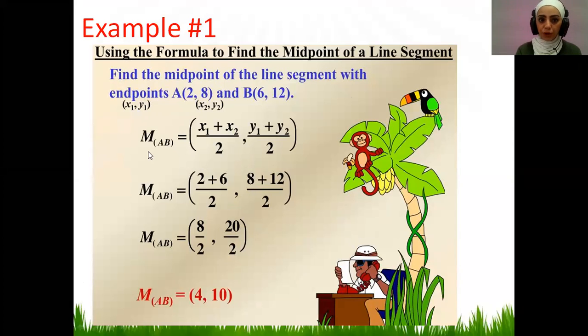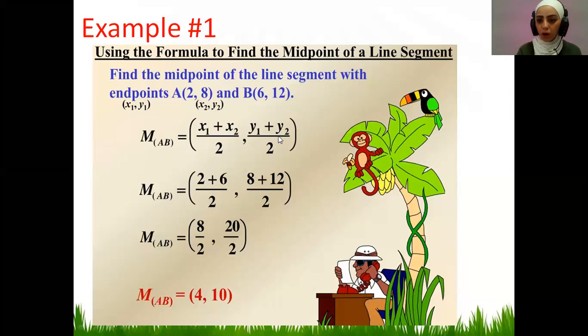The midpoint of the 2 points AB or BA, it doesn't matter the ordering, because again, we are finding an average. So you add the x's, x1 and x2, the first number of each point. 2 plus 6 is 8, divided by 2 is 4.